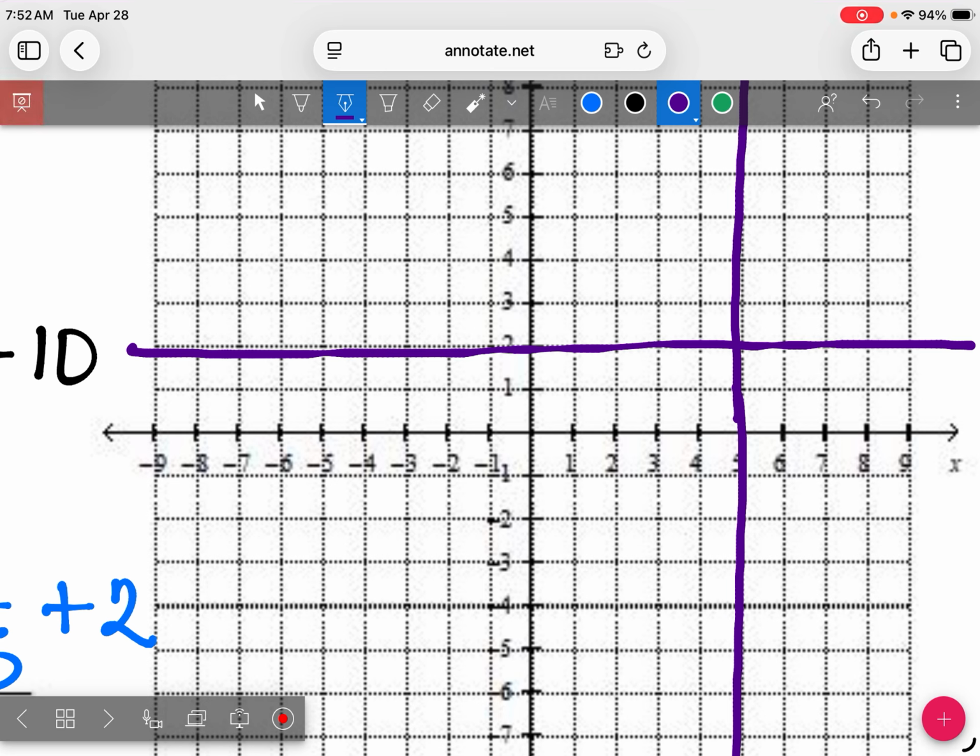So you should have an asymptote at x equals negative 5 and y equals 2. Who had that? Negative 5 and 2. All right, good.